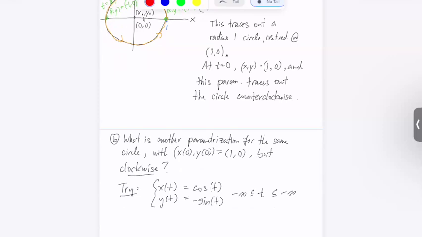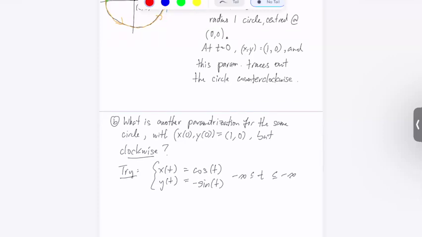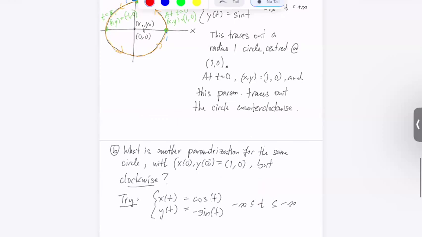Okay, so there was a question earlier. So there are 2 parameterizations for a circle? Not really, there are 2 orientations of the circle. You could go clockwise or counterclockwise, but remember, there are many more parameterizations. I could replace t with 300 times t, in which case I have cosine 300t and minus sine 300t.